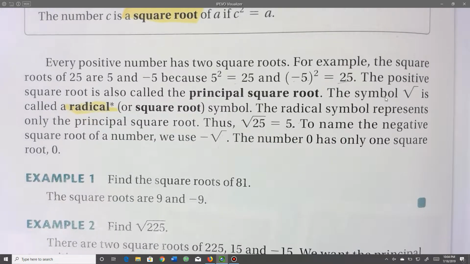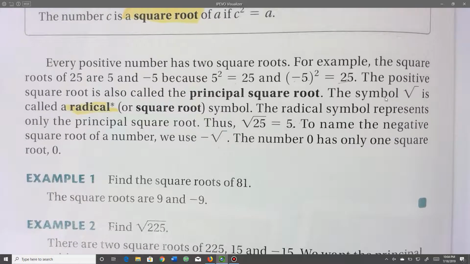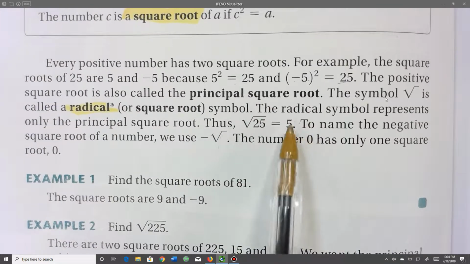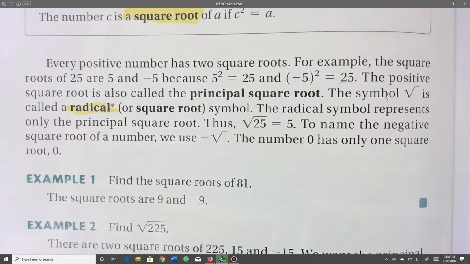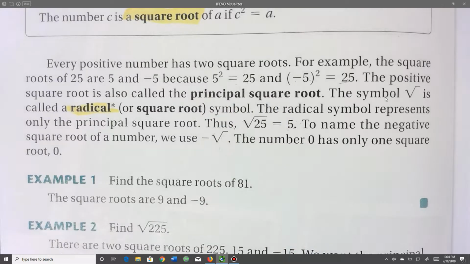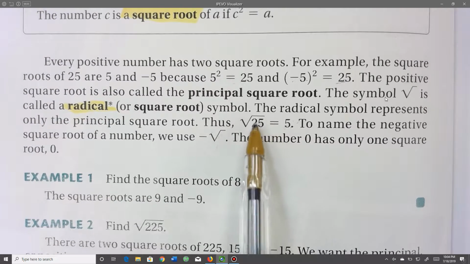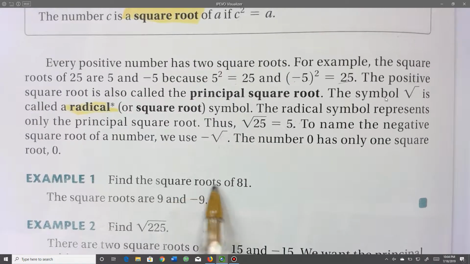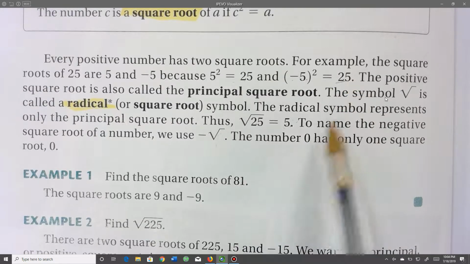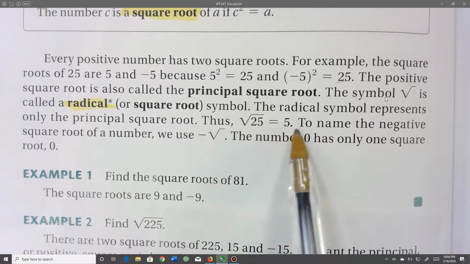In these sections, we will assume that we're talking about the principal square root. I will remind you whenever I get to it. You do not have to know this word, and I'm not going to test you on it. But remember that if they ask you specifically for roots, that's going to mean give the two answers, a positive and negative answer.